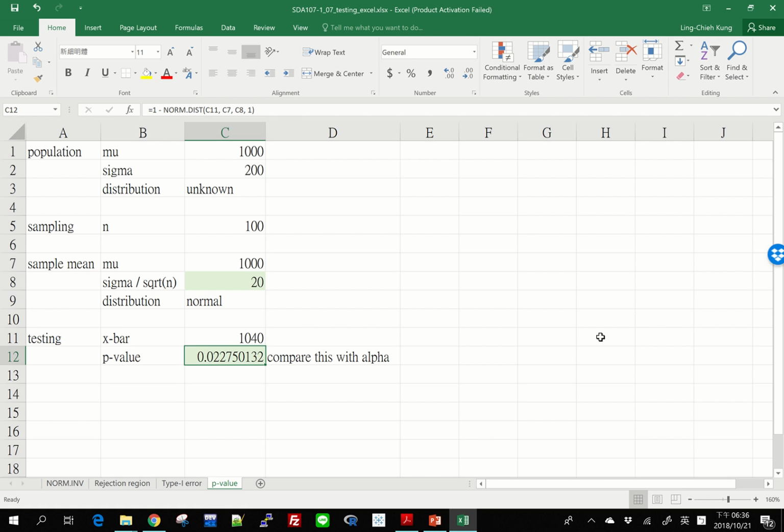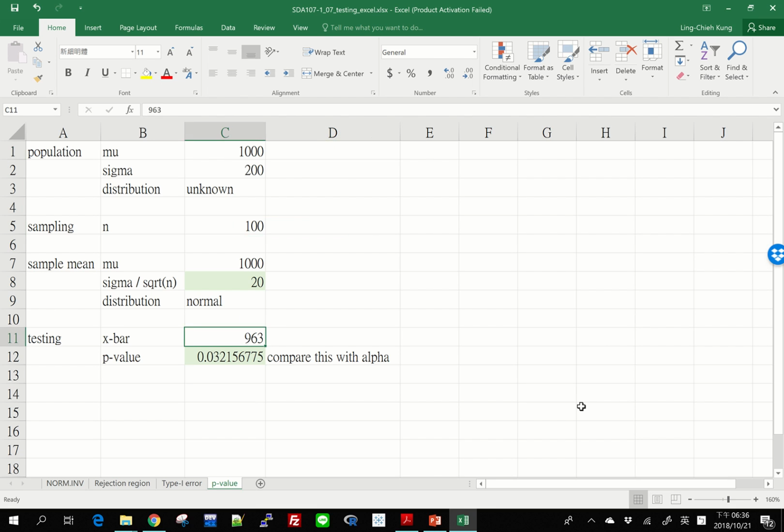And as long as you know how to interpret your p-value, then you can do all kinds of hypothesis testing. Like previously, when we have 963, we say that, well, roughly speaking, the probability for seeing that when our population mean is indeed 1000 is not small enough, so we don't reject H0.